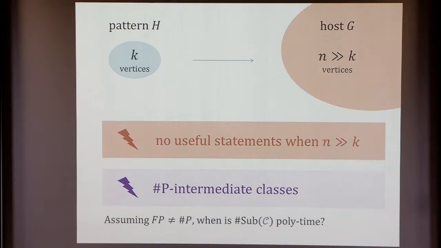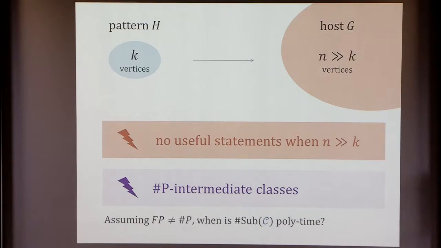So we don't really know what's going on there. And I would say that this is probably the most natural model where subgraph counting can appear, because usually you have situations where you have a small pattern which appears in a huge graph. Like, I don't know, you want to count cliques of size 6 in the Facebook graph. So then you can assume that n is huge, and, well, 6 is not particularly huge.